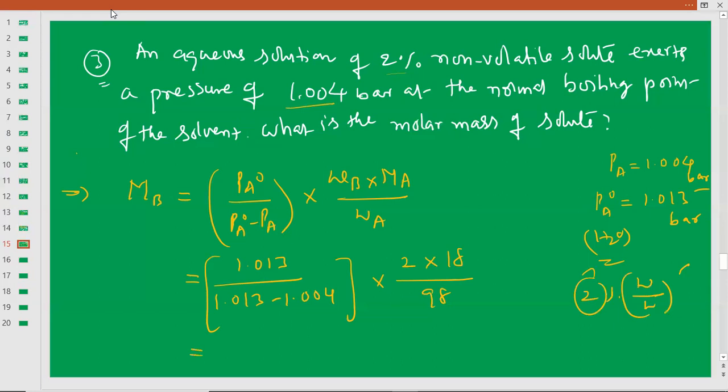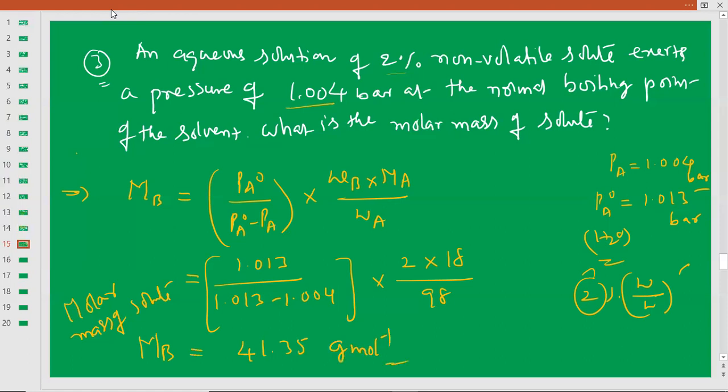Now upon simplification, what will come? I will check it out. This MB, I am considering MB as the molar mass of solute, taking Raoult's law concept only. So upon simplification, I got 41.35 grams per mole.